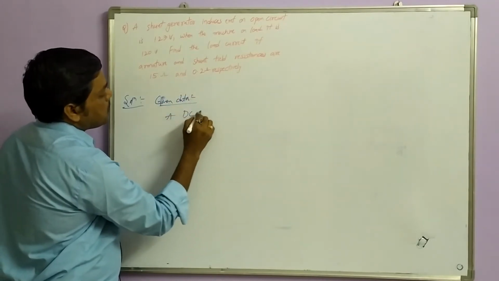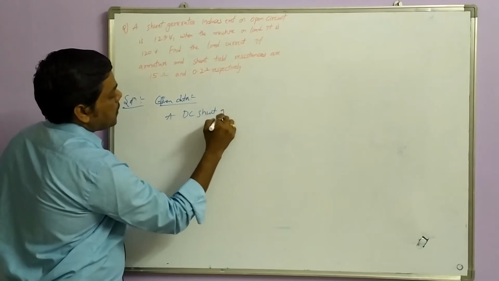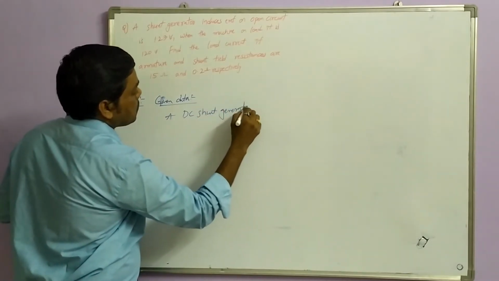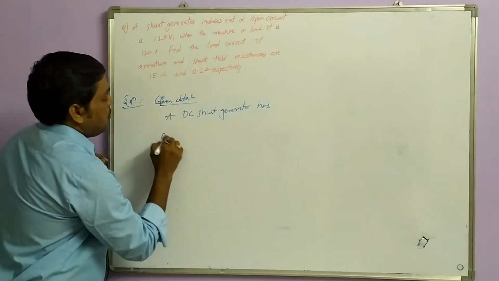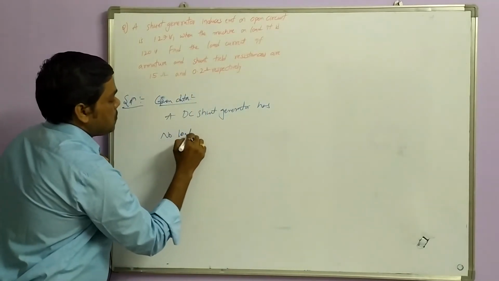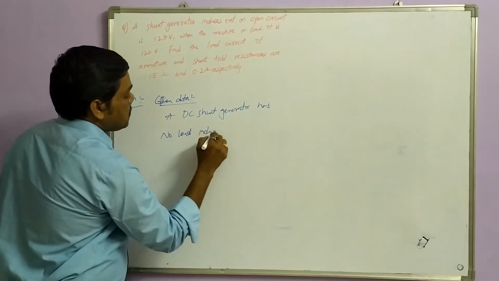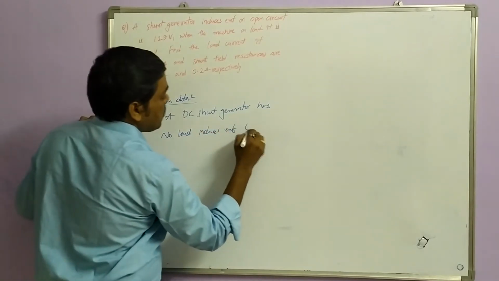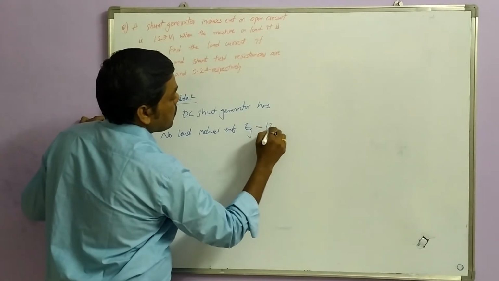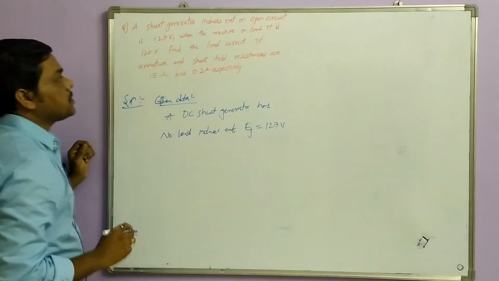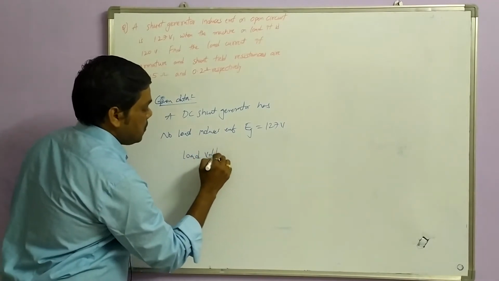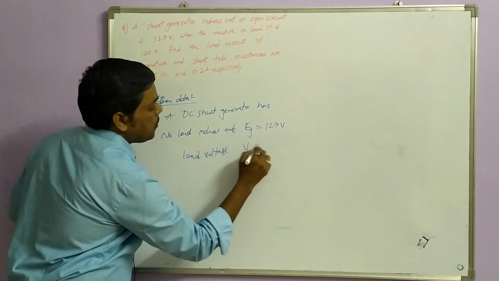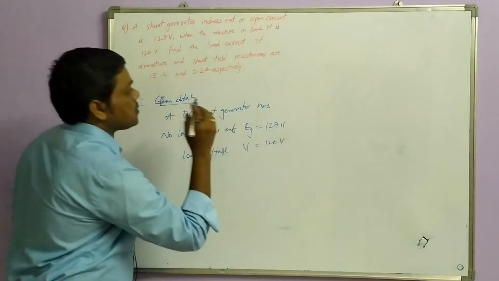A DC shunt generator has no load induced EMF, nothing but generated EMF, 127 volts, and load voltage V is 120 volts.